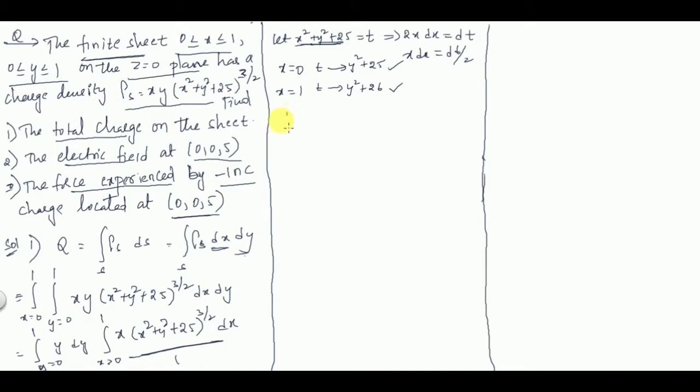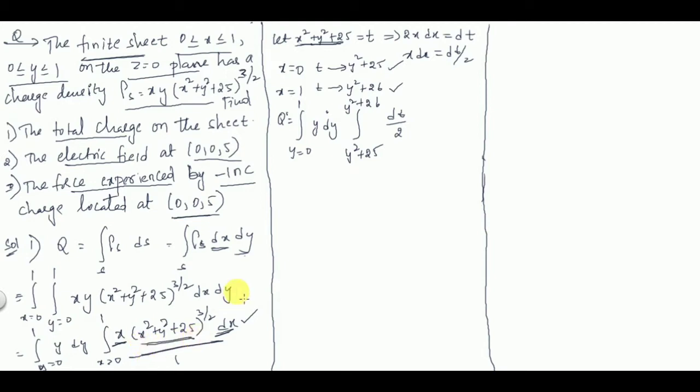So therefore Q is equal to integral y equals 0 to 1 y dy, as it is, and the integral in terms of x is converted into an integral in terms of t. The limits are y square plus 25 to y square plus 26, and x dx can be written as dt by 2.